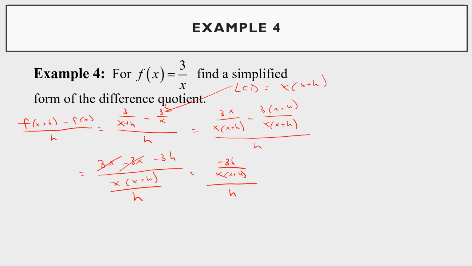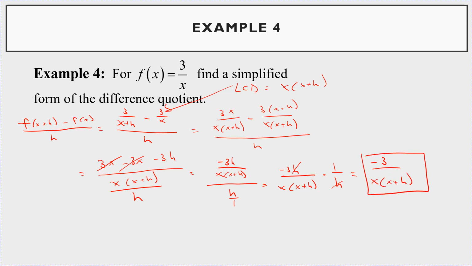You can rewrite h as h over 1, and then it's keep, change, flip, right? So this is minus 3h over x plus h, change to times 1 over h. And wow, look what happens. This h and this h cancel, and you're just left with minus 3 over x plus h.